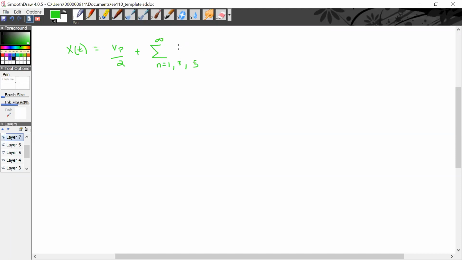Then here we had 2 VP over n pi. Since it's the b coefficients, it's all sines, sine of 2 pi n t divided by t naught.